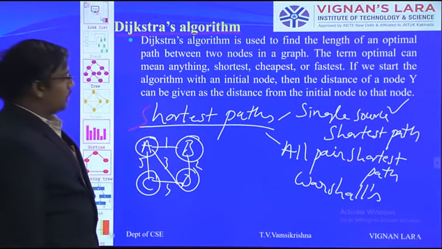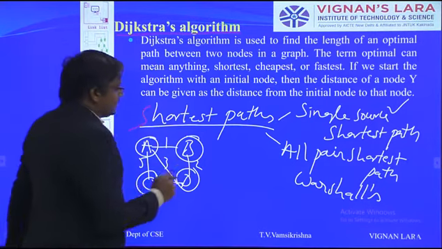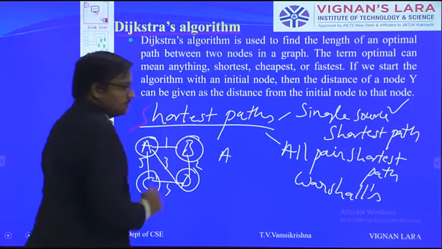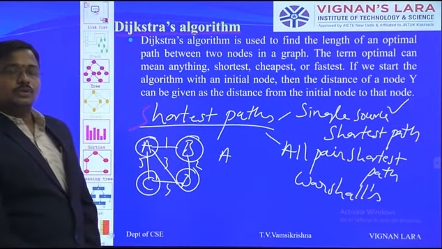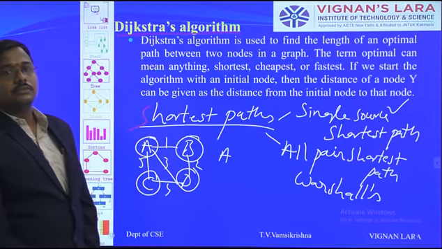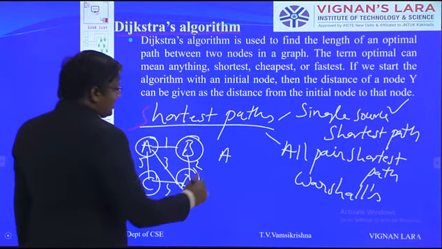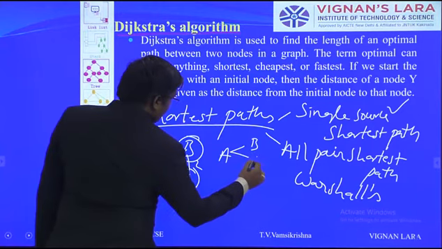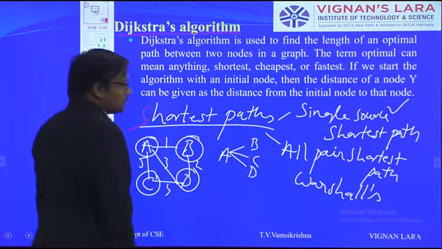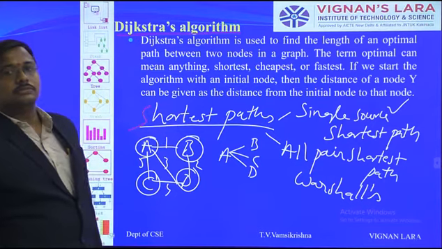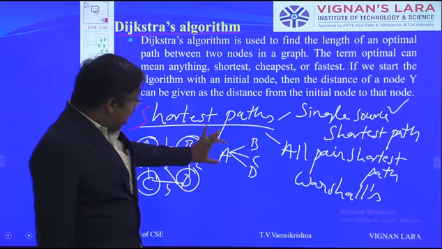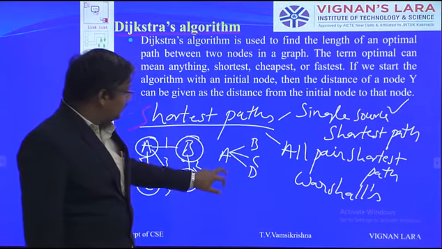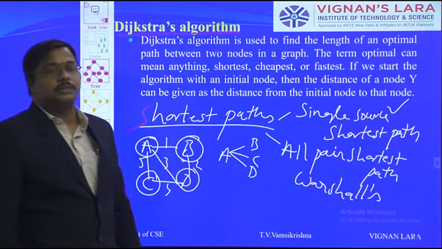Single source shortest path means I enter A. Say our source is A. So what is the shortest distance from A to B? What is the shortest distance from A to C? What is the shortest distance from A to D? That is the meaning of single source shortest path algorithm.